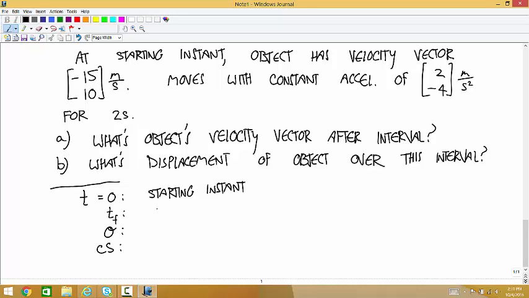And then time final, that means we're actually given a value for time final. TF is equal to 2 seconds. For an origin location, well, we don't know anything physical about what this problem represents. So we're just going to put the origin at the object's location when time is equal to 0. Okay?